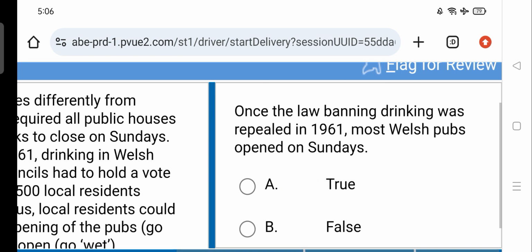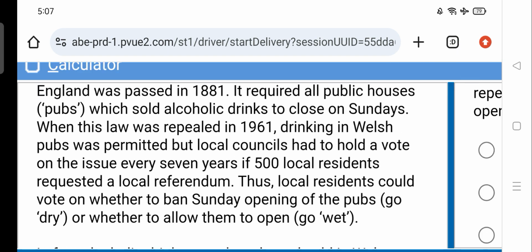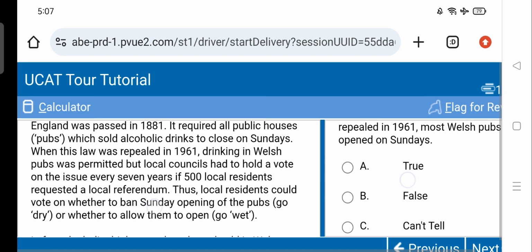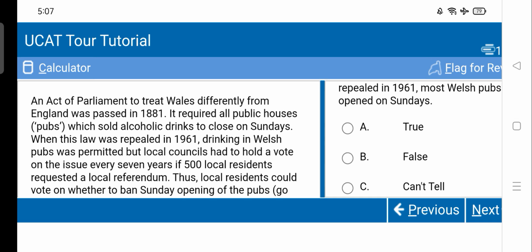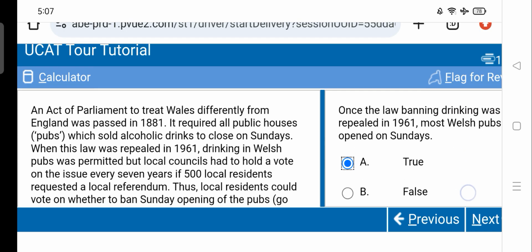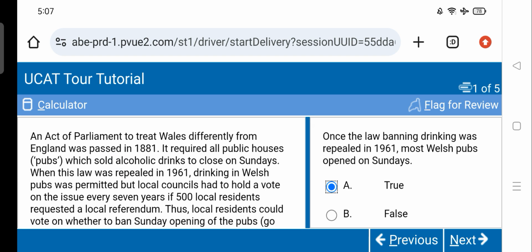Okay, so now you can choose the right option by reading this paragraph, whether it is true, false, or can't tell. Okay, I selected the true option, so we will see in the end whether it is right or not.